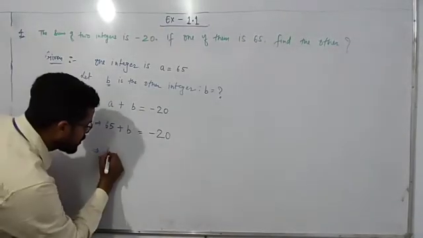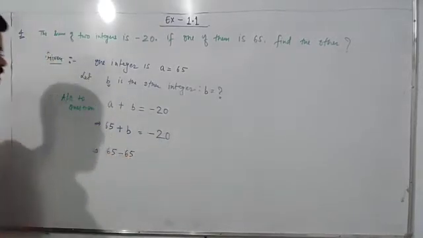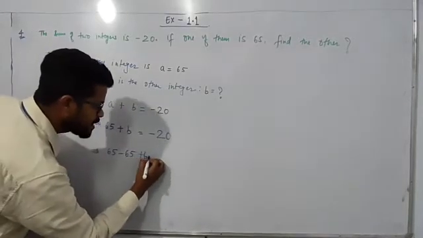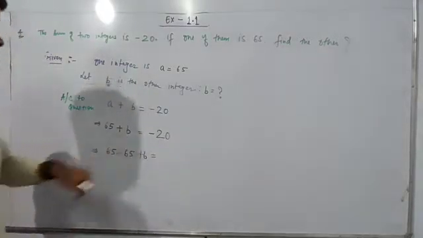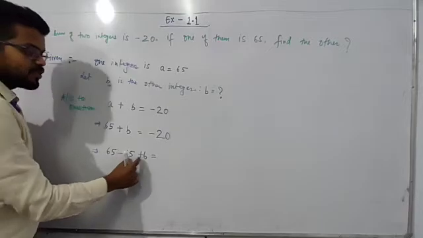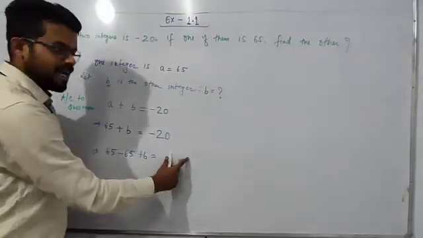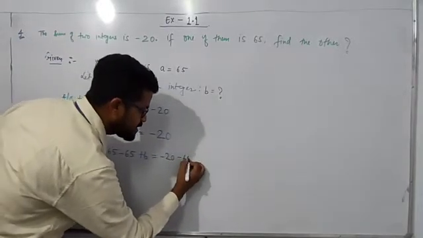If we subtract 65 here, this becomes 0 plus b. And according to the mathematics rule, if we subtract on this side, we also subtract on the other side. So this is minus 20 minus 65.